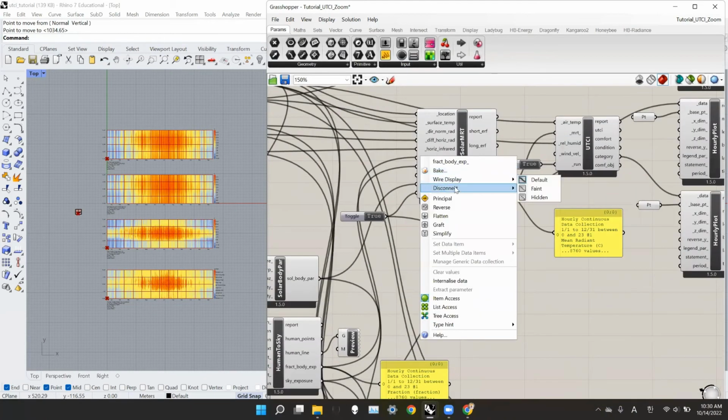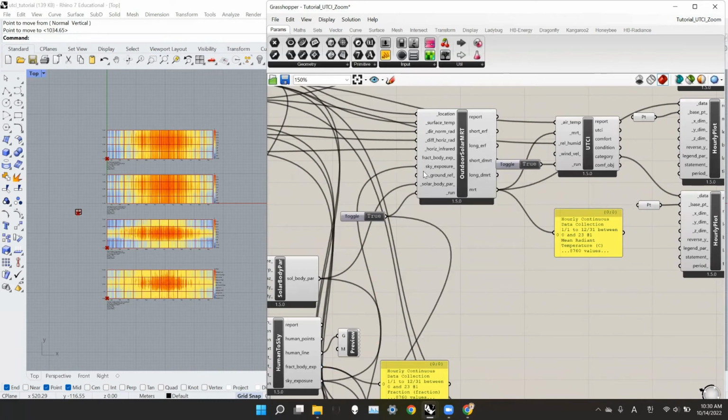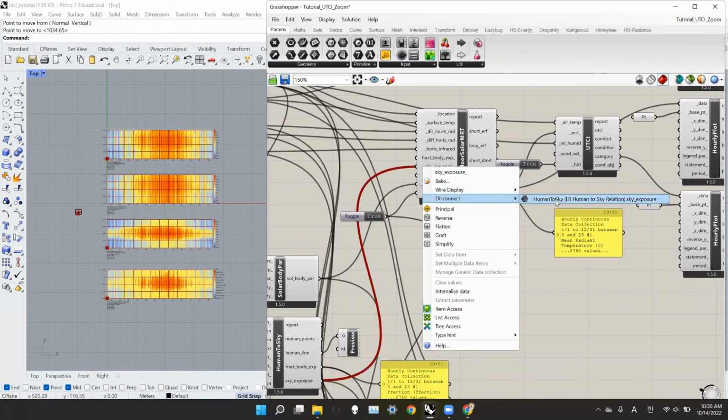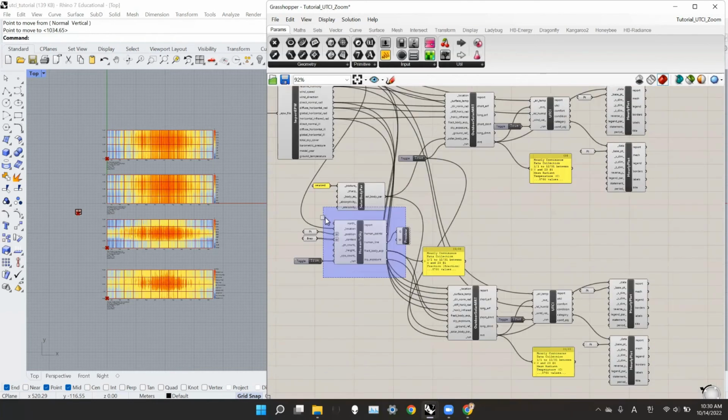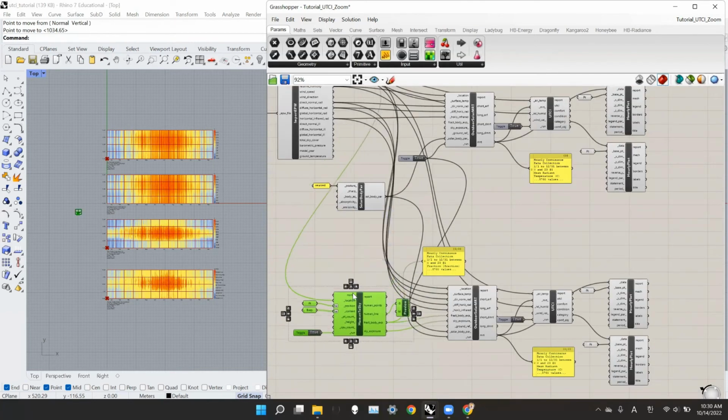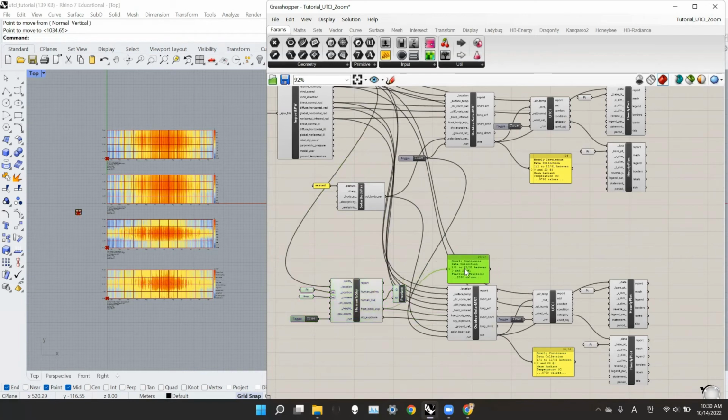So I will disconnect these. I will just leave the body posture the same. Put it here.